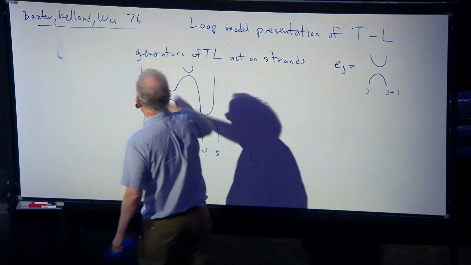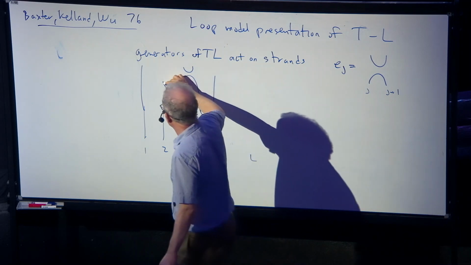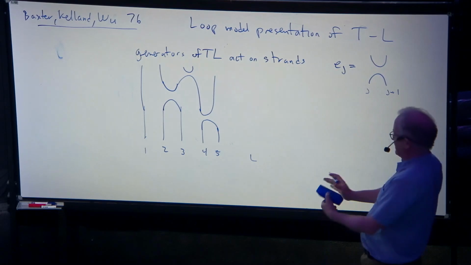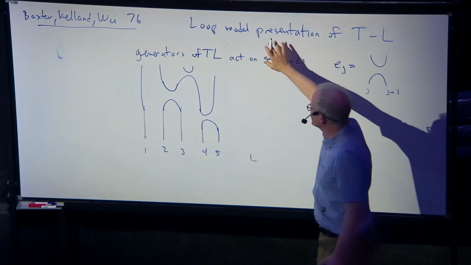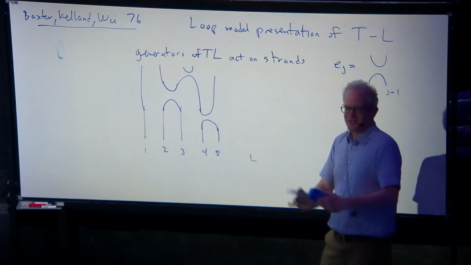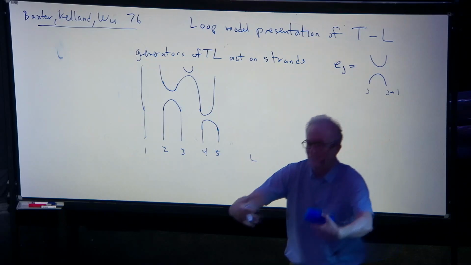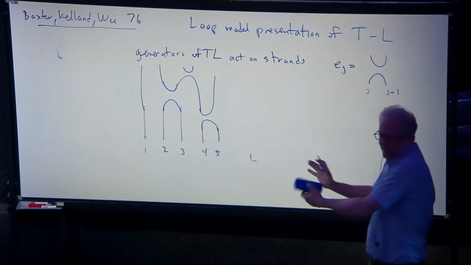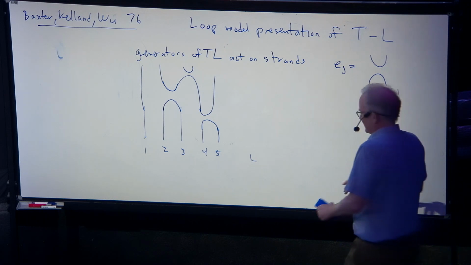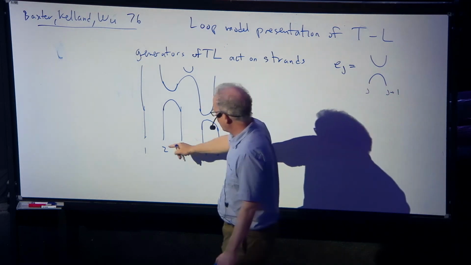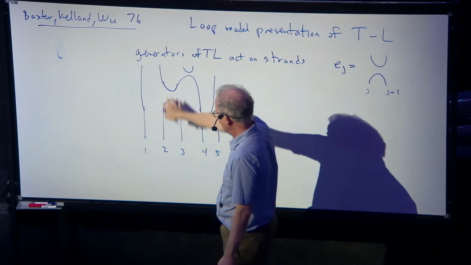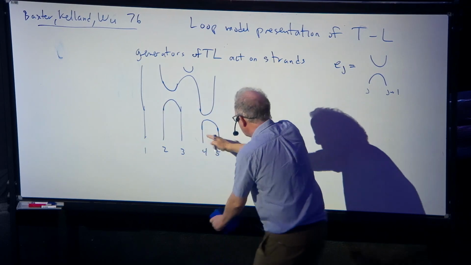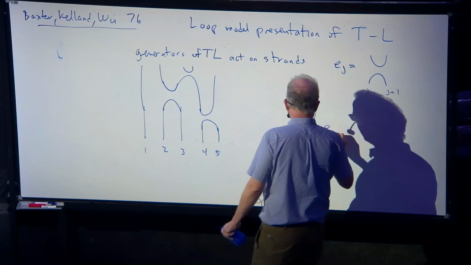So far I'm just drawing pictures. But okay, so what this is in terms of Temperley-Lieb, it's a presentation. The word presentation is a broader word than representation. It means I'm writing down this algebra in a different way. In physics, presentation usually means different model. I'm just going to write down this algebra in a different way. And here's how I'm writing it. I take this particular thing I wrote out, the lowest one would be E4.